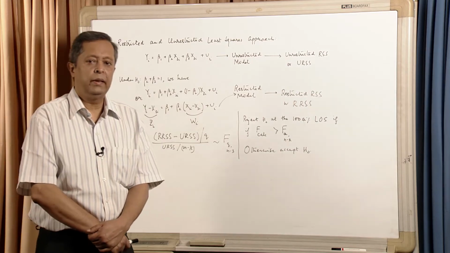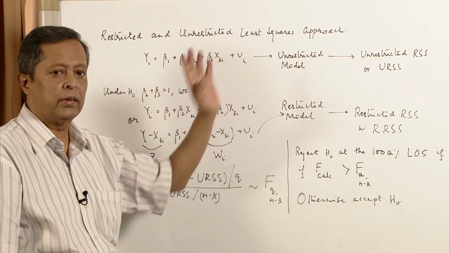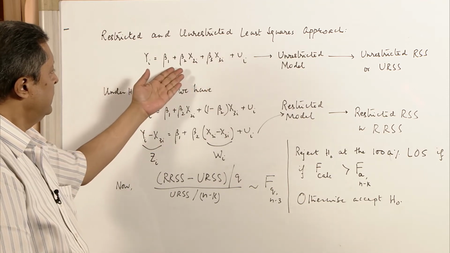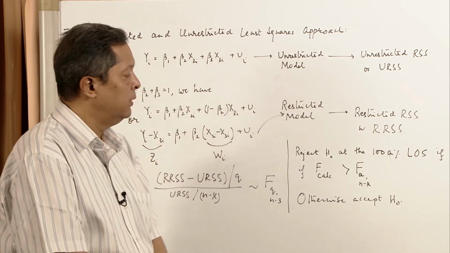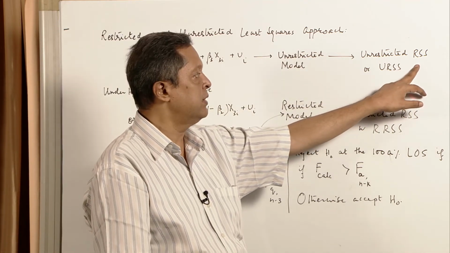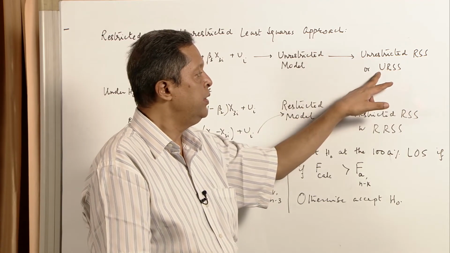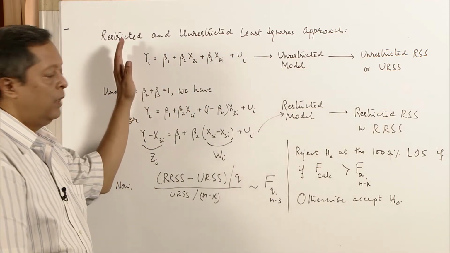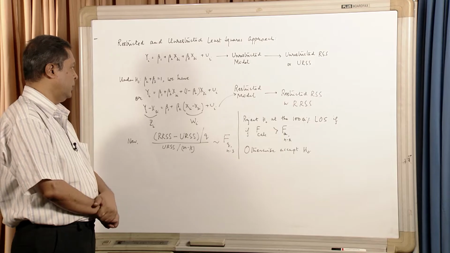Students, now we will take a look at the restricted and unrestricted least squares approach. So, our model is given by y i regressed on x2 and x3, which is called the unrestricted model. We estimate this model and we calculate the residual sum of squares, which is called the unrestricted residual sum of squares, or URSS, obtained by estimating this model using ordinary least squares as we have learned.